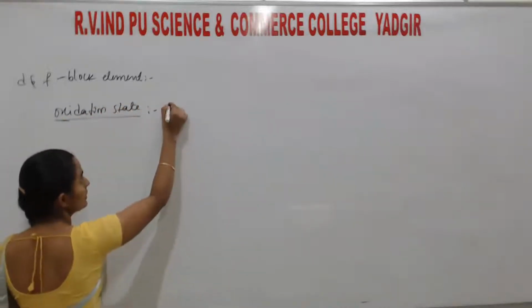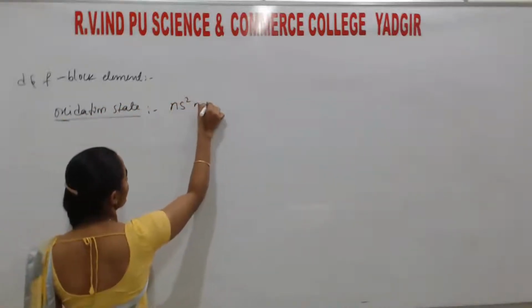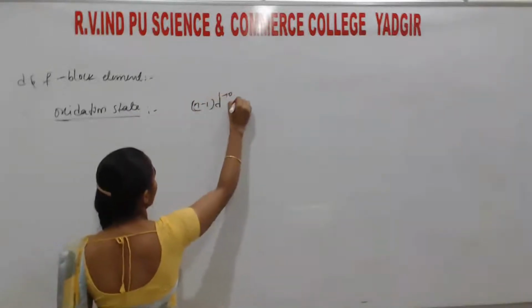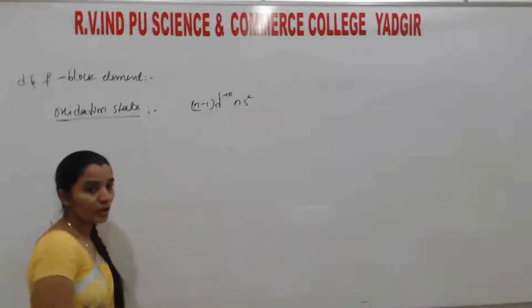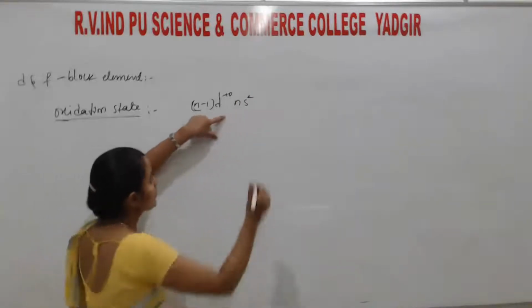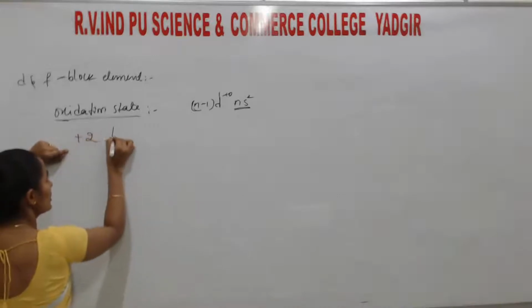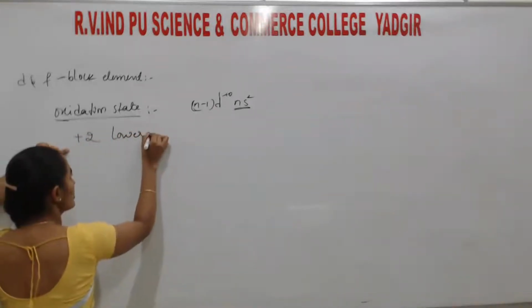These elements have the configuration ns2, (n-1)d 1 to 10. You know, students, that from the loss of the outermost electrons they exhibit the +2 oxidation state, that is the lower oxidation state.